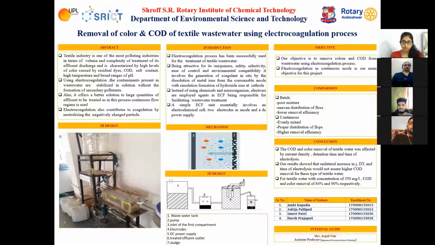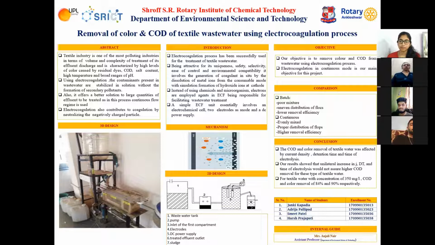The need of this study is that the textile industry is one of the most polluting industries in terms of volume and complexity of treatment of its effluent discharge. The effluent is characterized by a high level of color caused by residual dyes, COD, salt content, high temperature, and a broad range of pH.